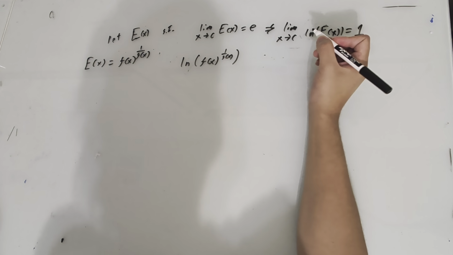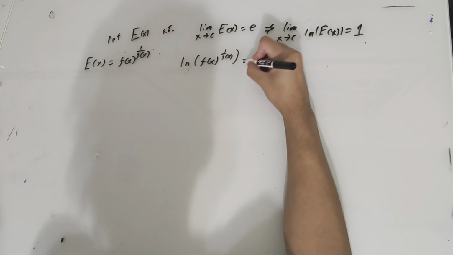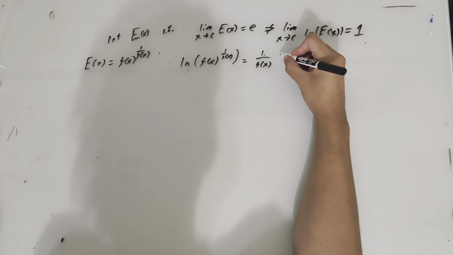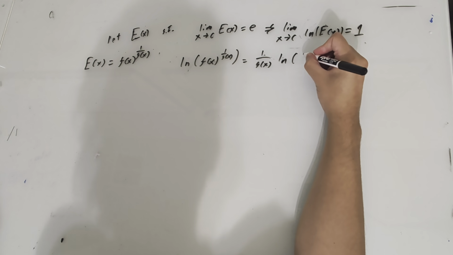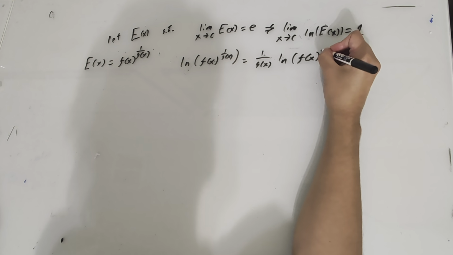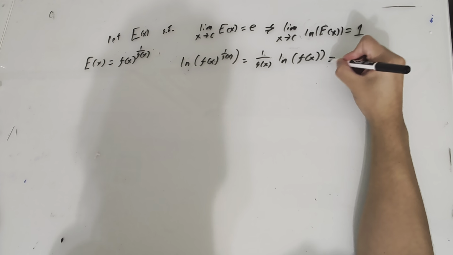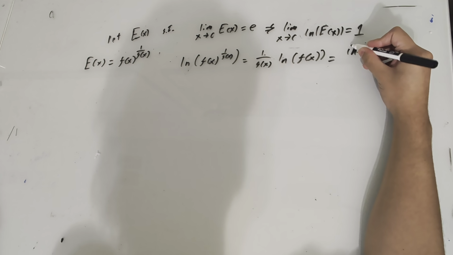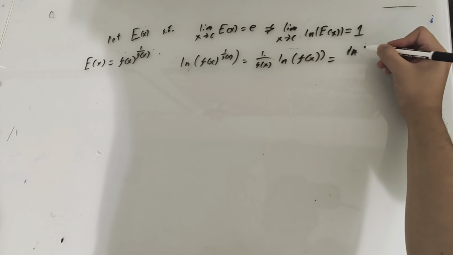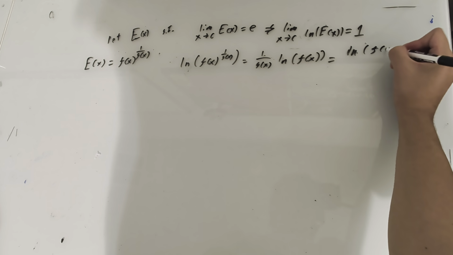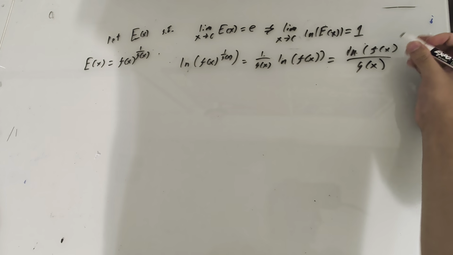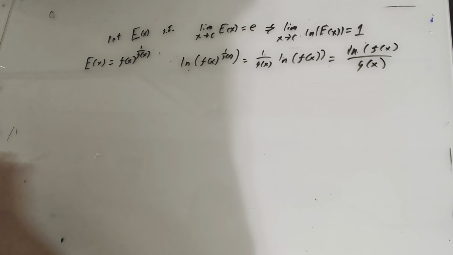And following your logarithm rules, we can take this exponential out, and it'll just look nicer if we write it as the natural log of f of x over g of x, right?